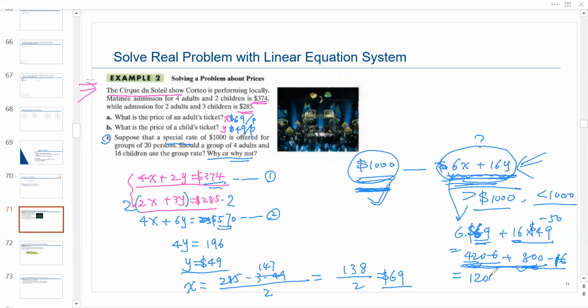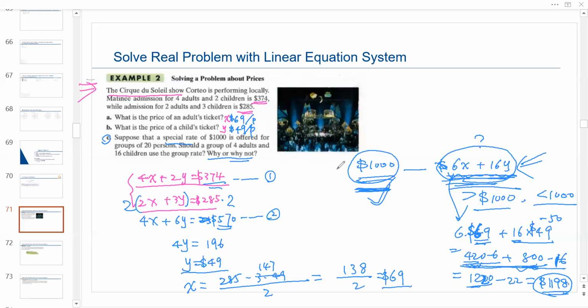So you got 1,020 and 200, $1,220 minus $22. Actually, this one total cost would be $1,198. If you buy actual tickets, you need to spend $1,198, right?